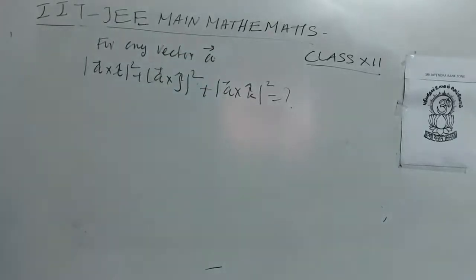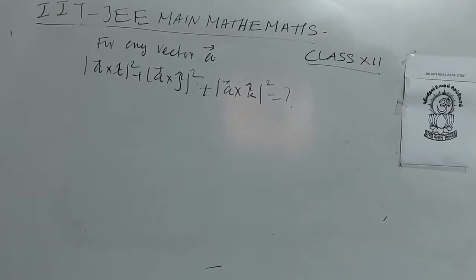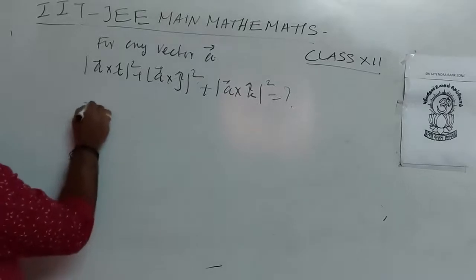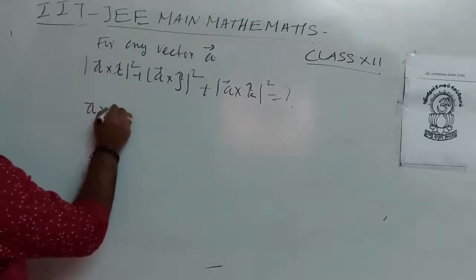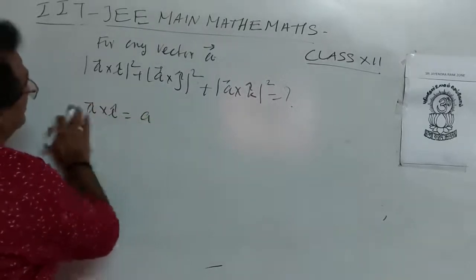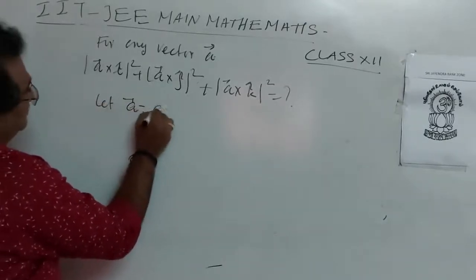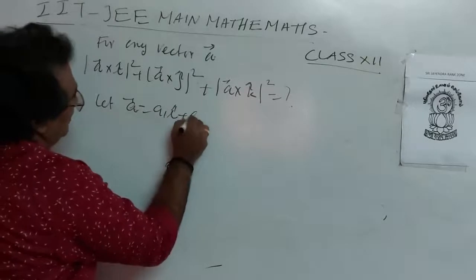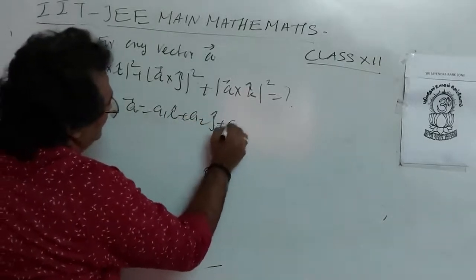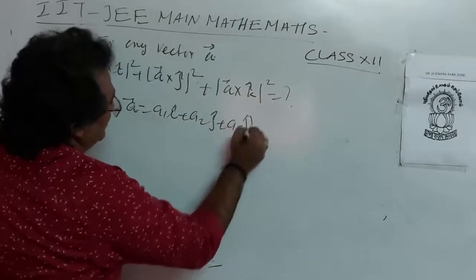So A vector cross i means, let A vector equal to A1i plus A2j plus A3k.